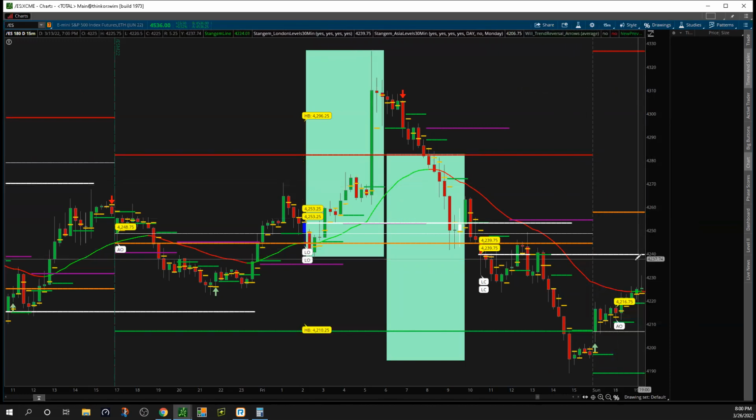All right. This target hit. Yep. Took a little longer this day though. Almost hit first target by London close right here, because that's our first target. This would be second target.